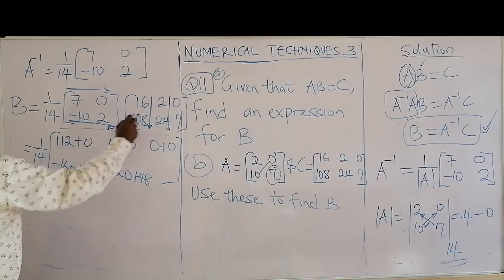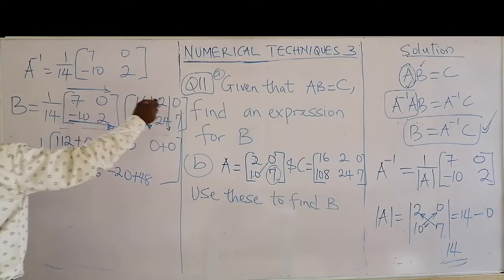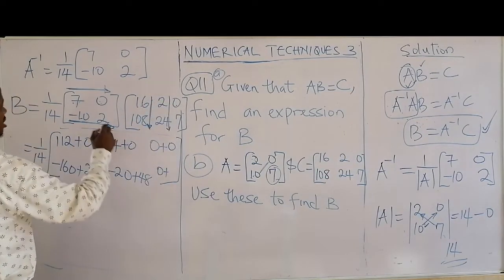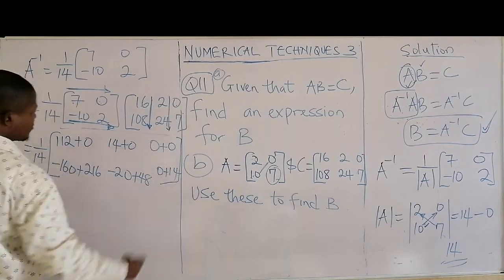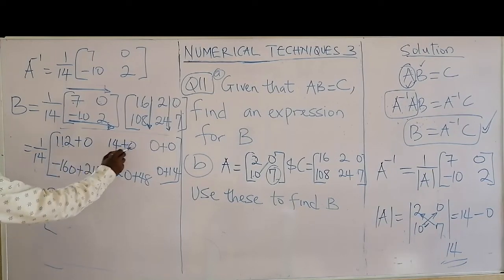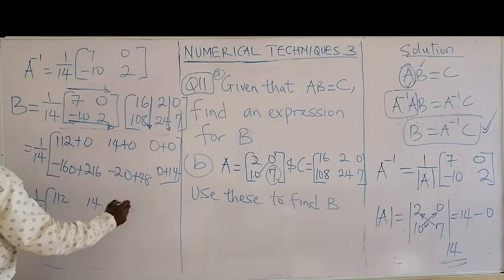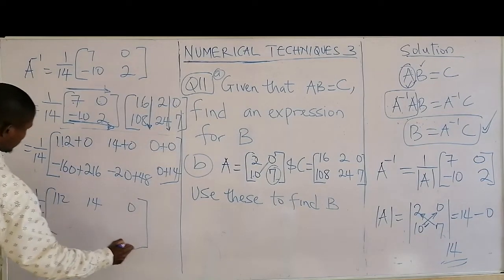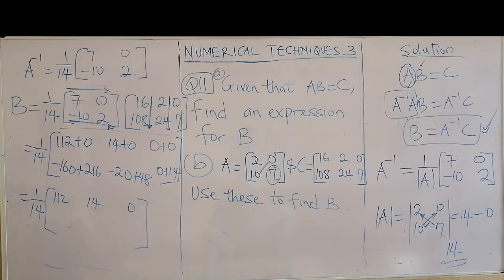Same row times the third column: minus 10 times 0, that's 0, plus 2 times 7, that's 14. So we now have 1 over 14 of 112, 14, 0, then 56, 28, 14.